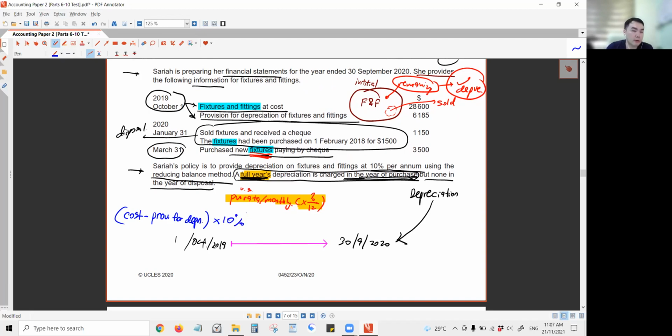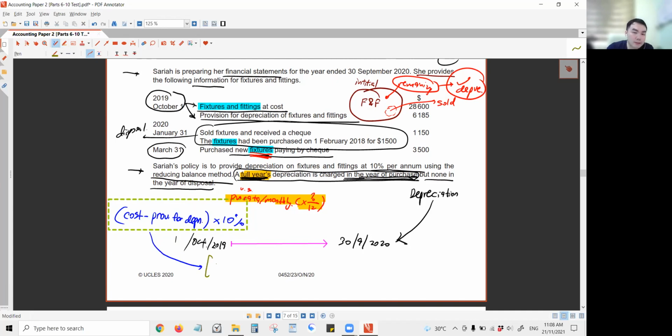Look carefully. The calculation is going to look complex, and this could be one of the most complex calculations of depreciation you can ever see. So this is the formula. We are going to make use of it for calculation of depreciation using reducing balance method.